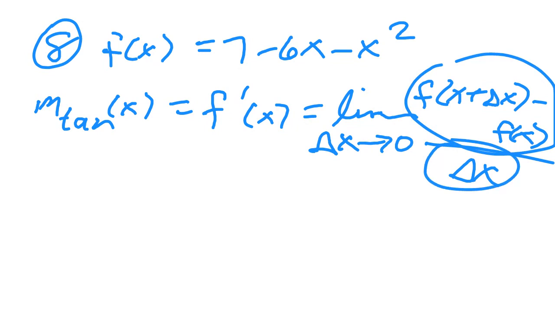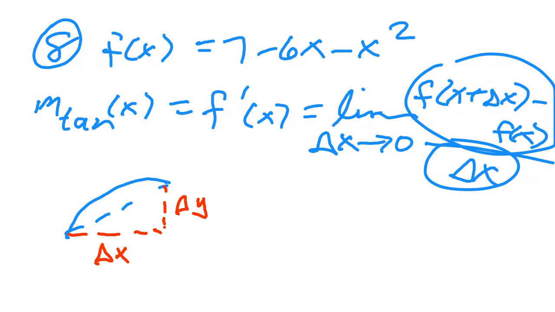If we have our graph going like this, then this is the tangent line. And if I change colors here, right here, this is rise over run. This is the change in your height, delta y. This is the change in the x's, delta x, right?